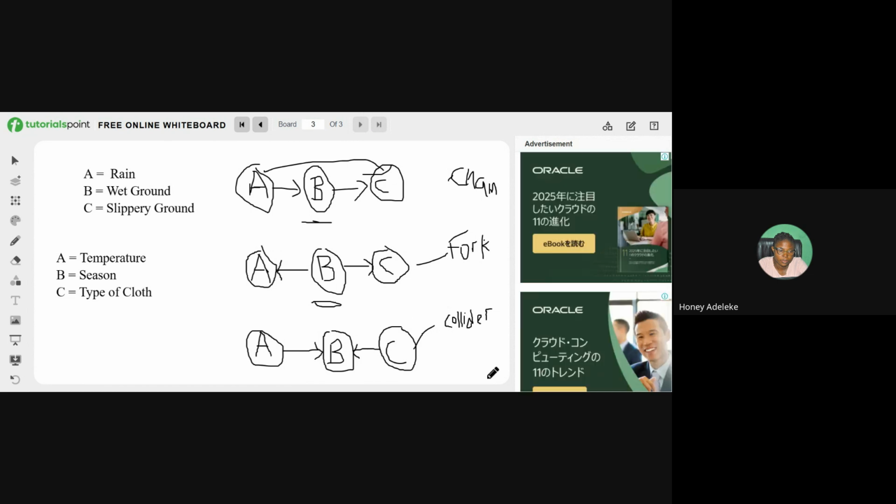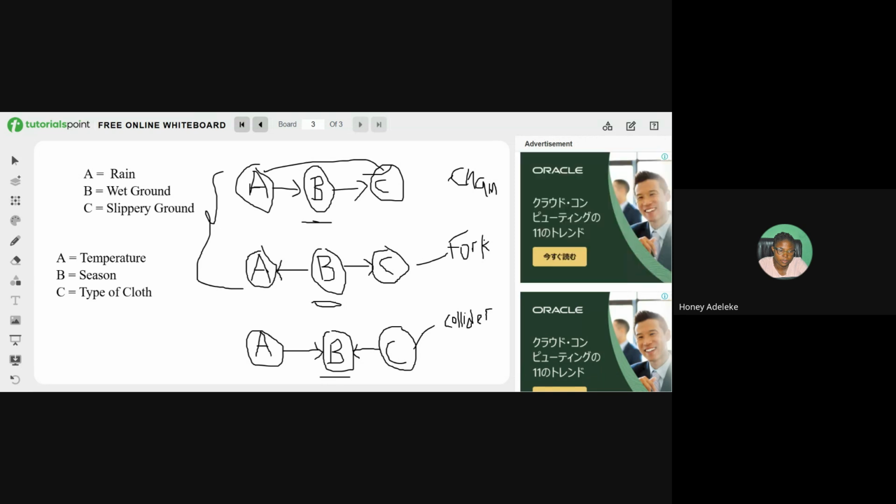Looking at a collider, the normal situation is that the path is blocked. However, as against these other two, once you observe this middle one, the B, then your path becomes active. That is the difference. For the first two, the chain and the fork, once you observe your B, your path will be blocked.